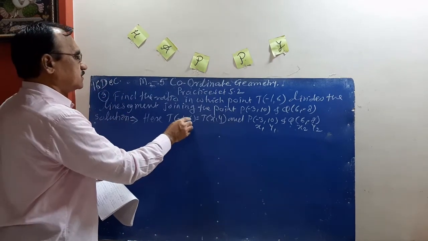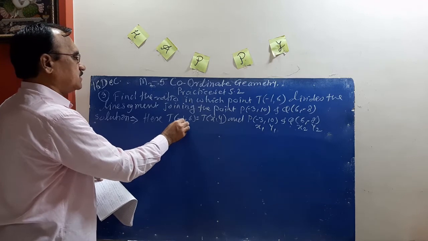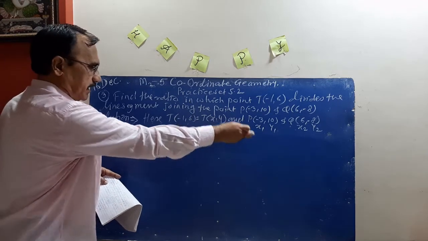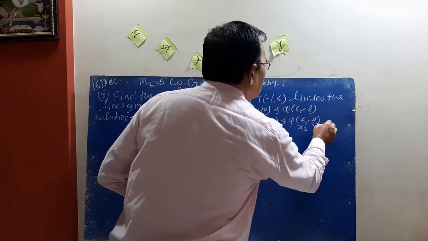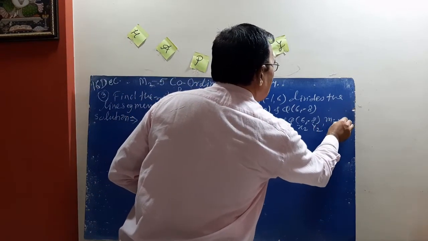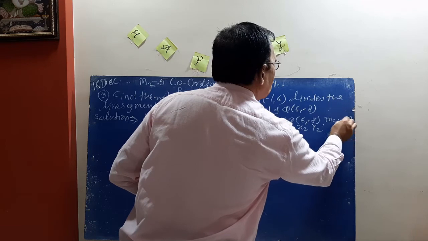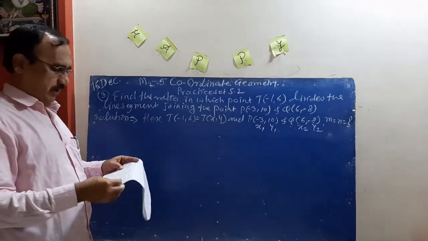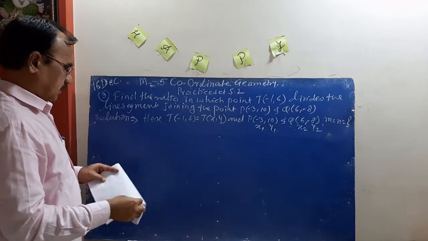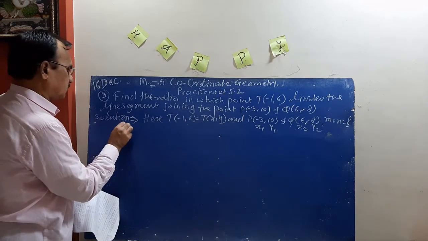This is x and this is y, which is already given. x1, y1 and x2, y2 are given, and we have to find here m to n is equal to question mark. We have to find the ratio m to n again by the section formula.